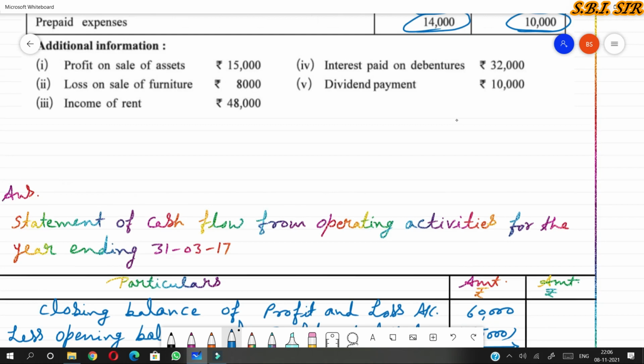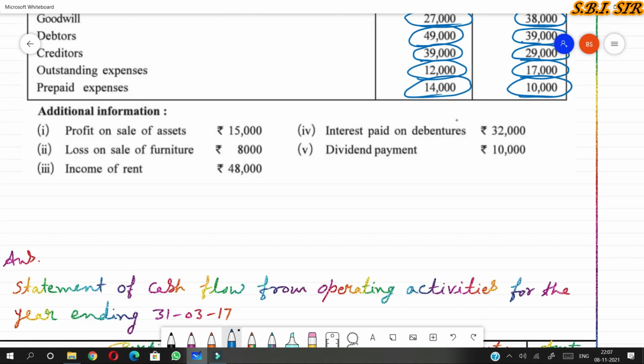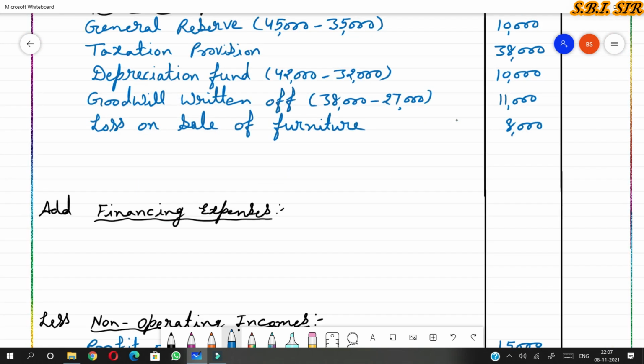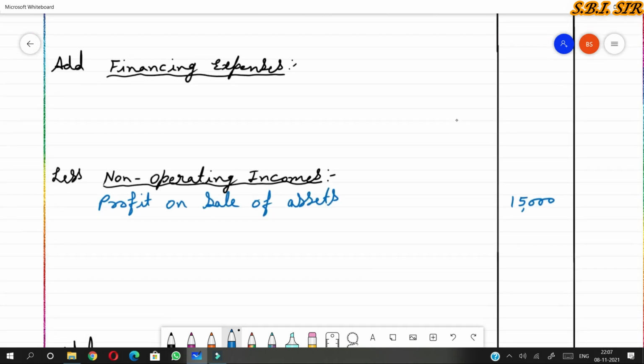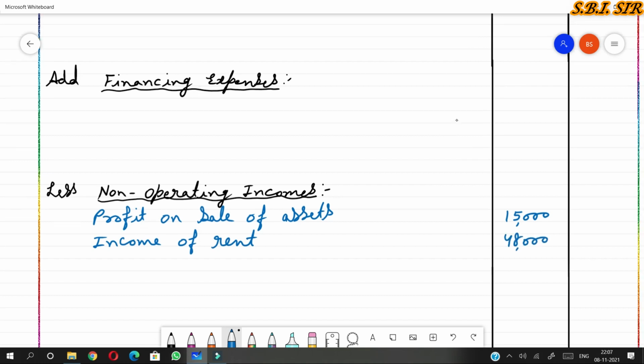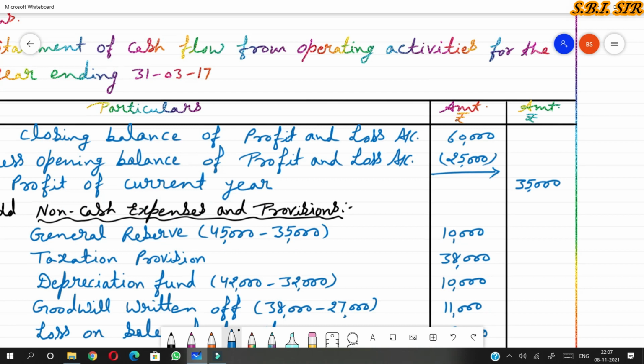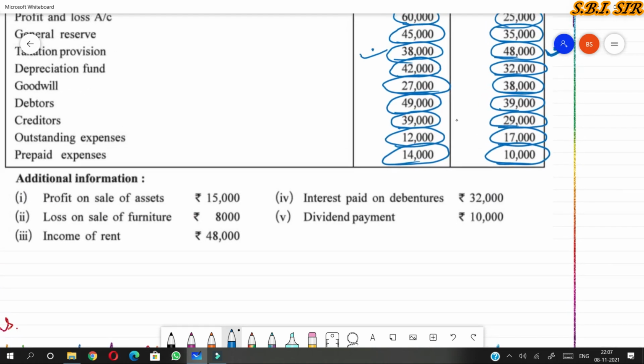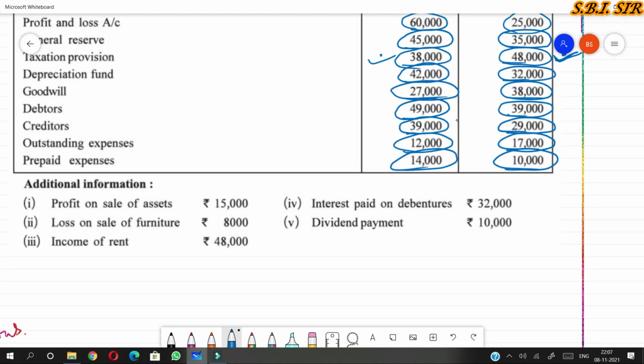Next, income of rent 48,000. It is a non-operating income. Income of rent 48,000. Next, interest paid on debentures 32,000 and dividend payment 10,000.